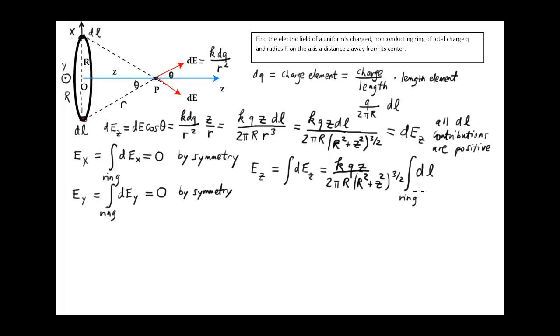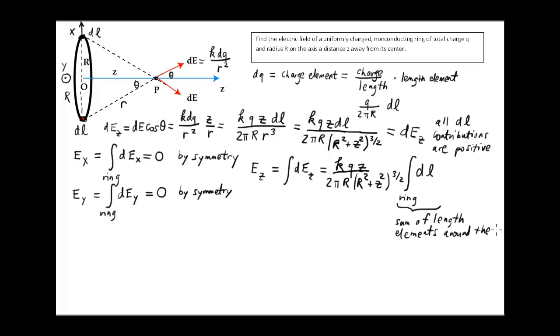And what that means is dl is this differential length of the ring. So the meaning of that integral is the sum of the length elements all the way around the ring.